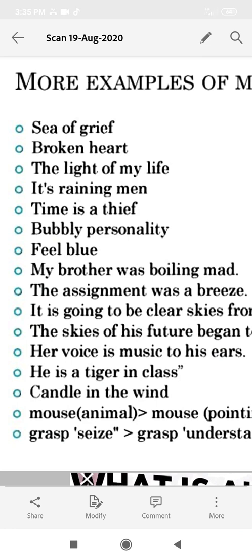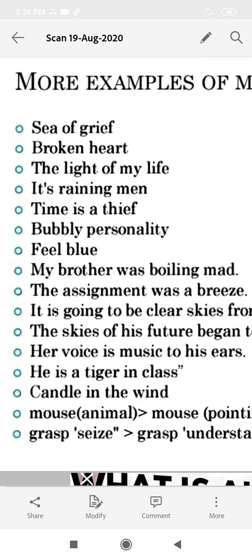So see, third one, the light of my house, the light of my life. So you can say that she is the light of my life. એ મારા લાઈફની લાઇટ છે.